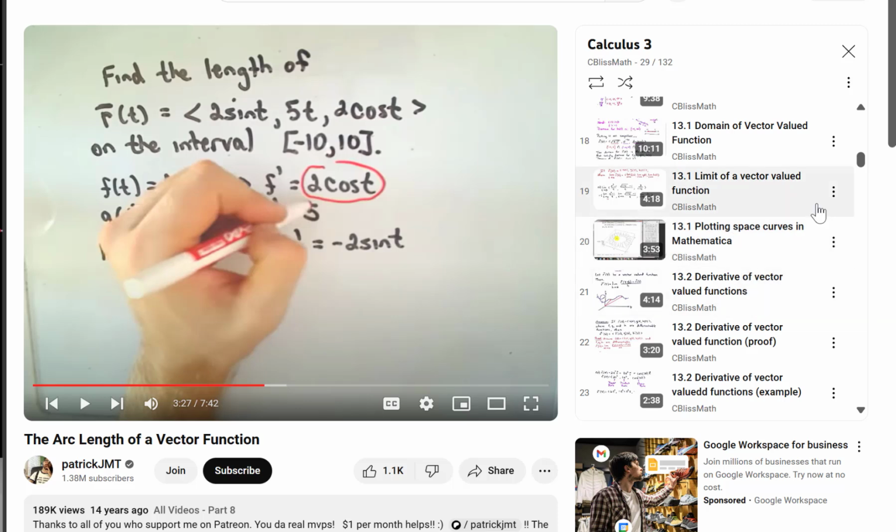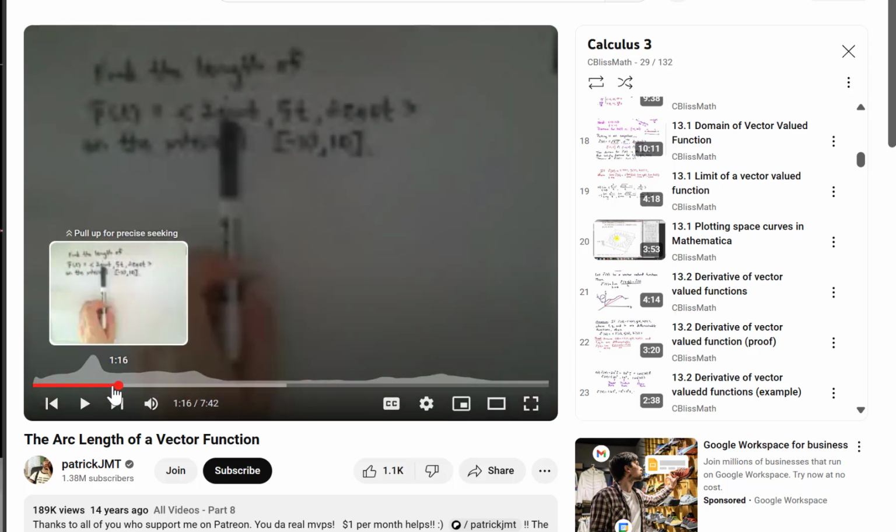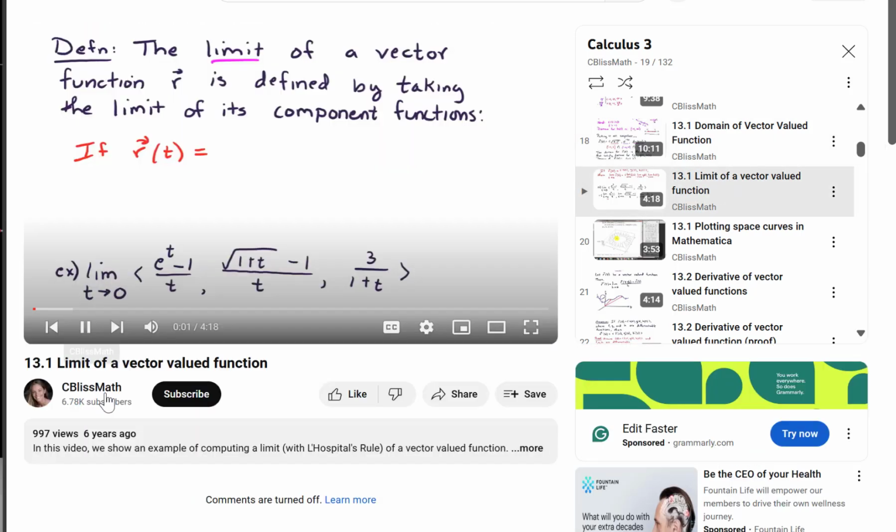And where I would draw your attention would be to the arc length of a vector function. So this video is by another presenter, Patrick JMT, and this presenter gives the formula, and they do a few examples in there. But if you wanted just a general introduction, you'll get to my videos as well. So you've got some options for extra resources.